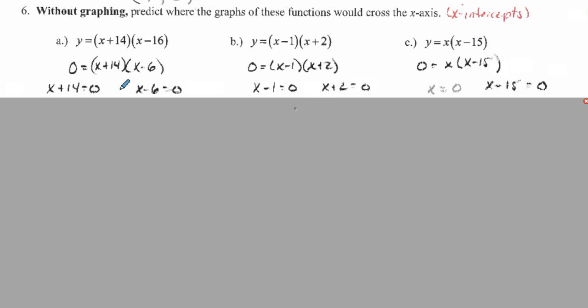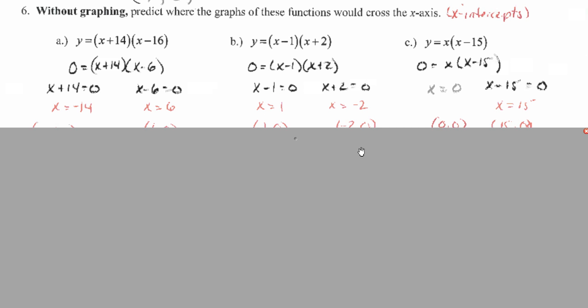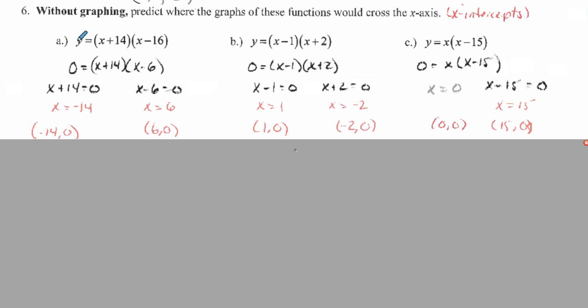So again, that's what we did here. I just took each factor and set them equal to 0 so I can solve. And if you notice, this factor here of x, we set equal to 0, we already have the input value solved for. So that's nice when that happens. So again, if we did the solving, we now have the x values of the x-intercepts for our functions, and then we can write our coordinates. So for example, we had the equation y equals our quantity x plus 14 times x minus 16.